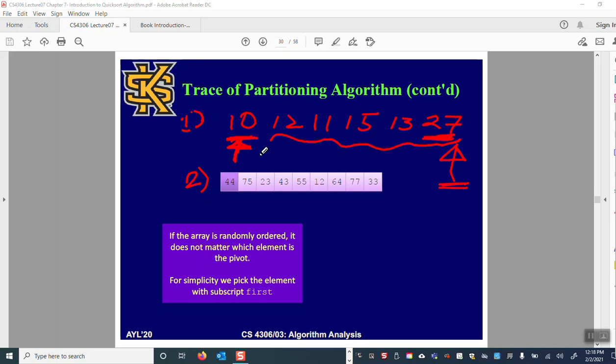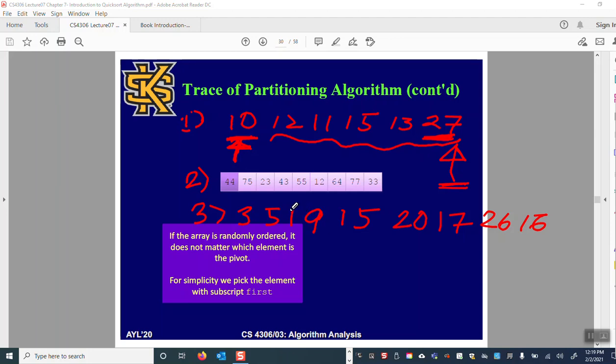Another case that may happen is, for instance, I have an array like 15, 21, 17, 26, 16, 3, 5, 1, 9.